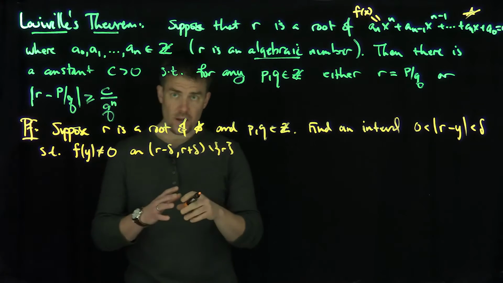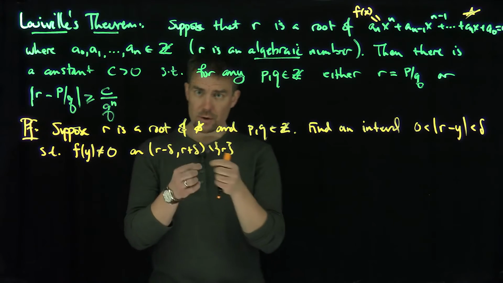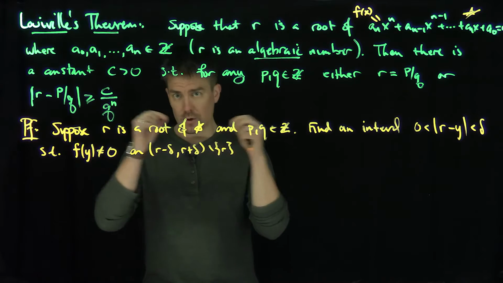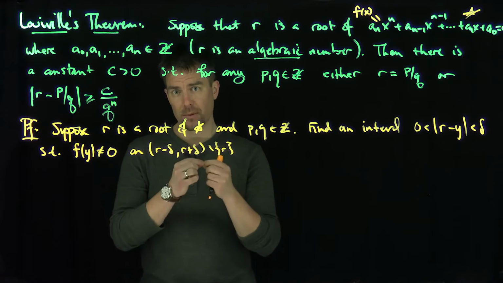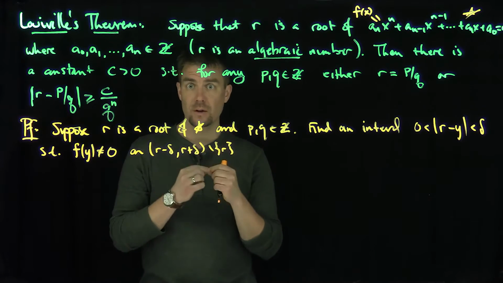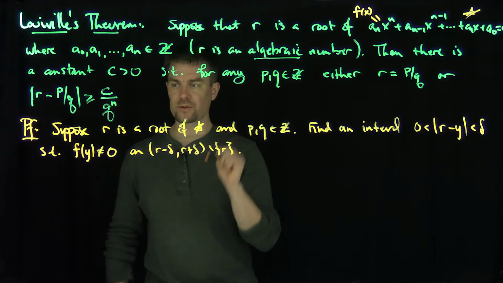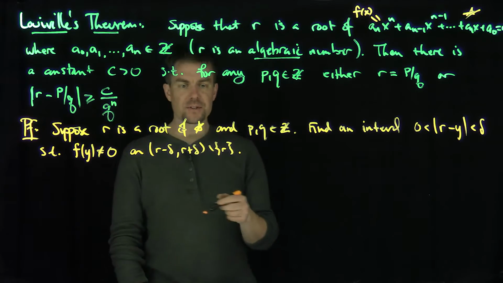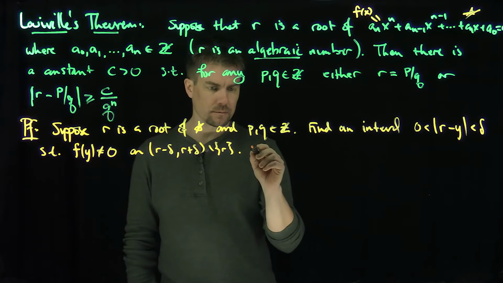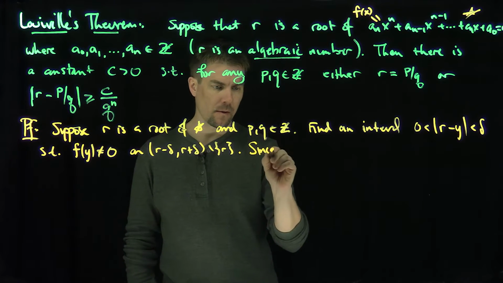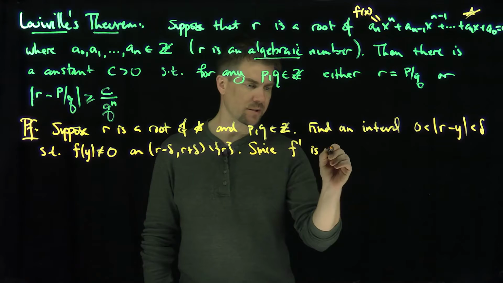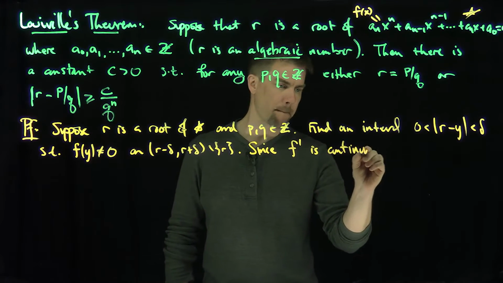So we know that polynomials have a discrete number of roots. So near a root, I can find a small enough neighborhood where there are not going to be any other roots, because the zeros or roots of polynomials are discrete, okay? On this interval, since f prime is continuous, it's still a polynomial, right?